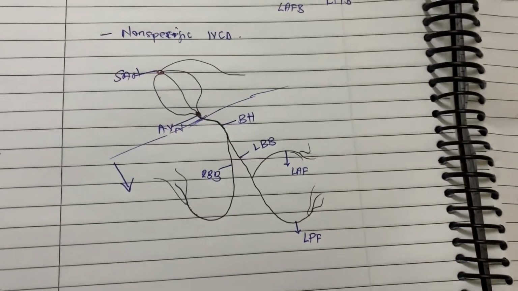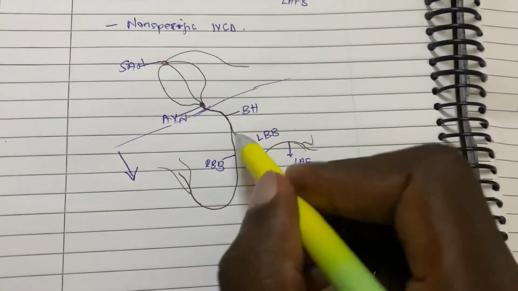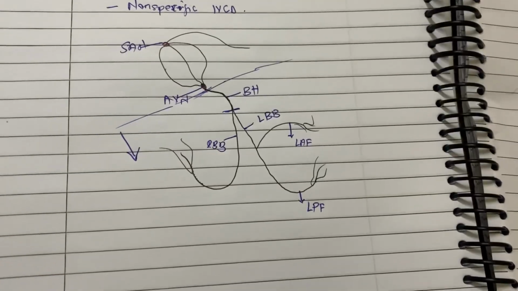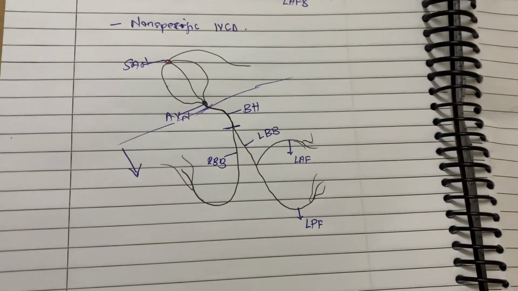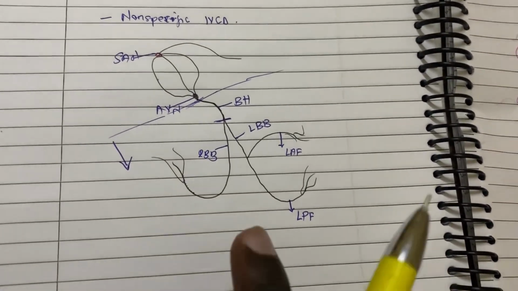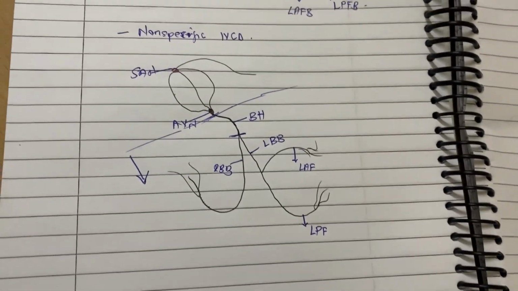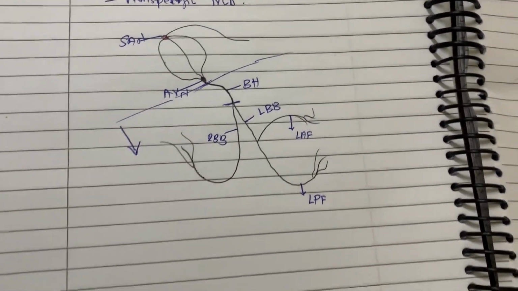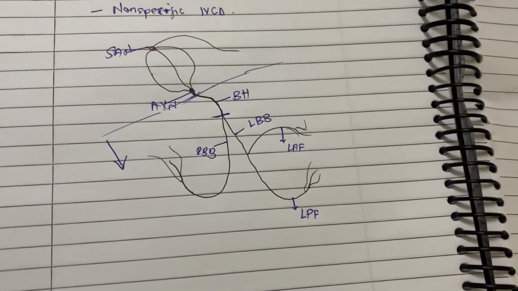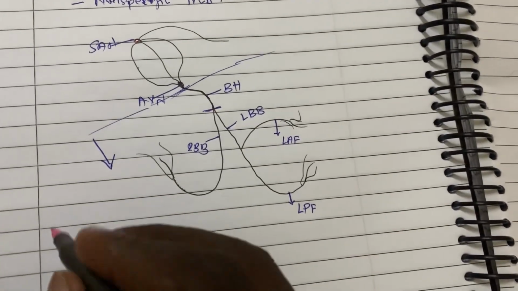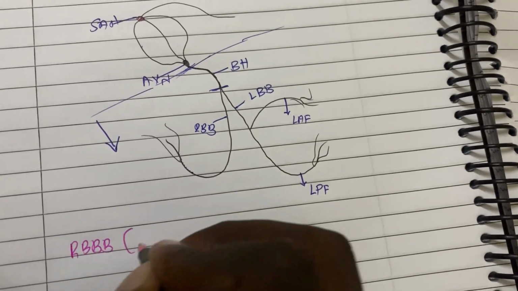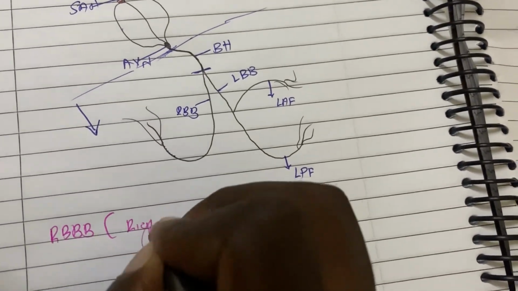Any block happening at this level, specifically any block that happens inferiorly at the bifurcation of the bundle of His. The first thing we are going to do is look at right bundle branch block. I can write it in full.